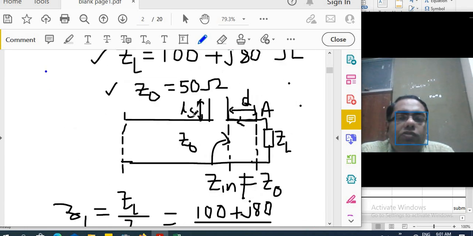Now, what is the technique behind the length ls? The logic is, we will start from the open circuited load. For this stub, this point is open circuited. So we will start on the Smith chart from the point which represents infinite impedance, because open circuit means infinite impedance.